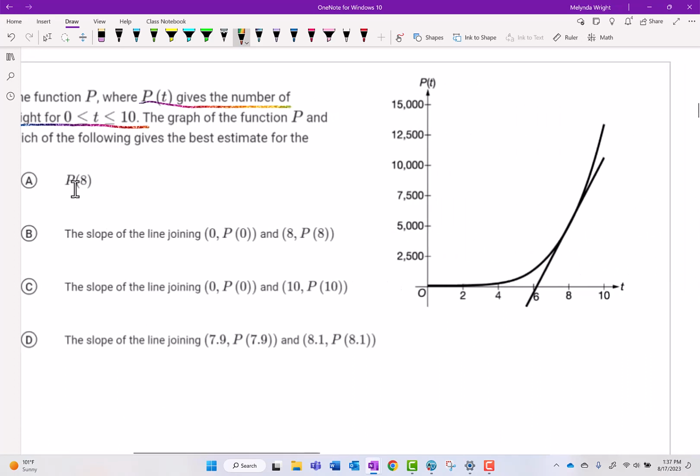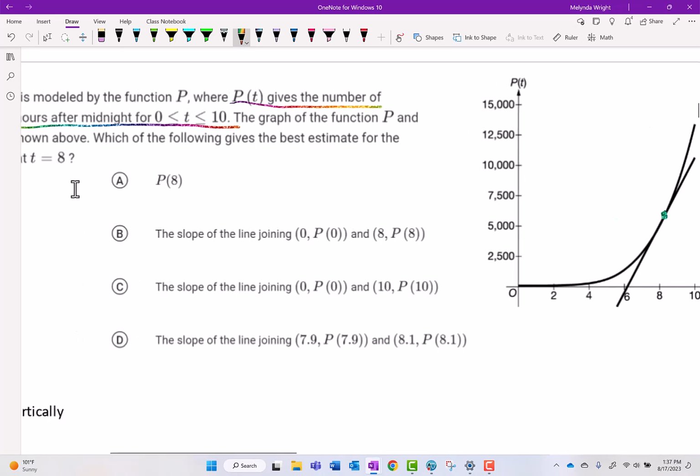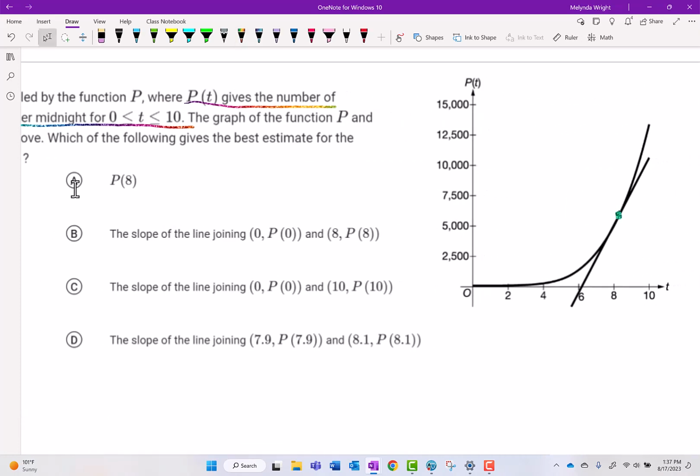Okay, so let's look at our scenario here. So p of 8 is like this number right here. Now, they want an estimate for instantaneous rate of change.